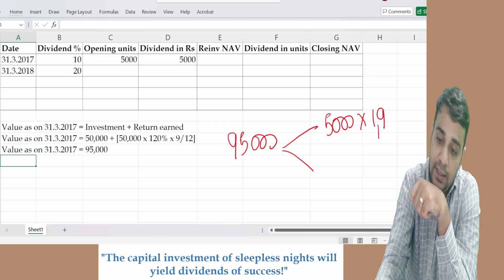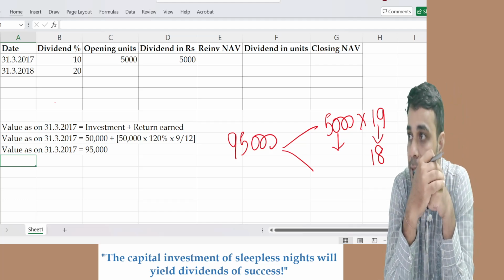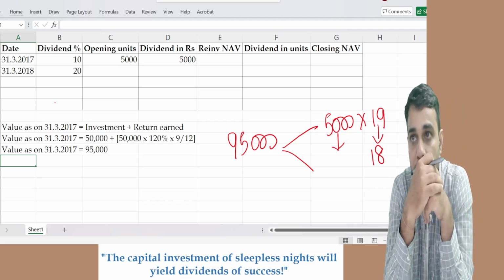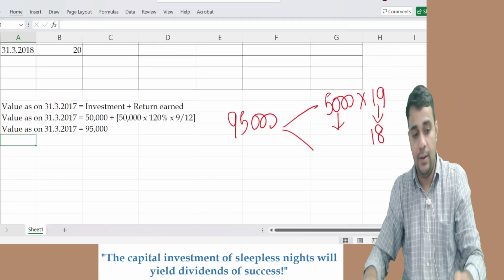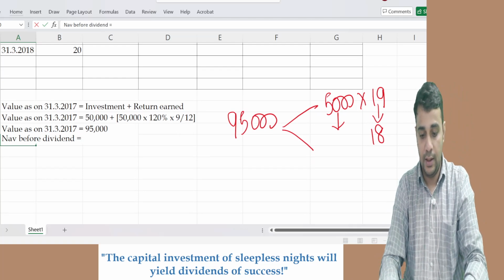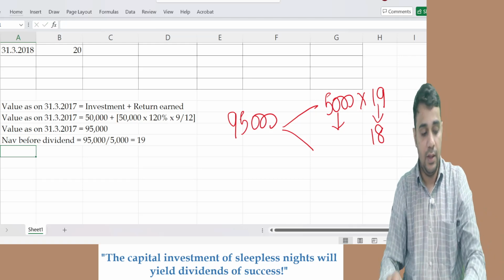Once dividend is paid, 19 will become 18 and 5,000 will increase. Why 18? 1 rupee dividend. So NAV before dividend is 95,000 divided by 5,000, 19.